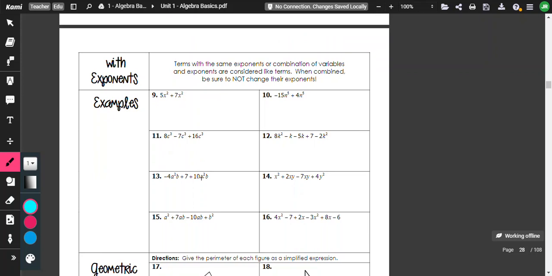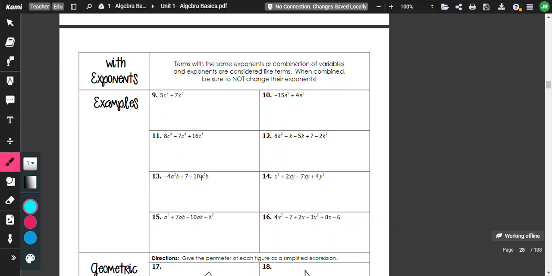The last stuff we're going to go over is when we combine like terms with terms that have different types of powers. I'm going to read this to you. Terms with the same exponents or combination of variables and exponents are considered like terms. When we combine these, be sure not to change their exponents.